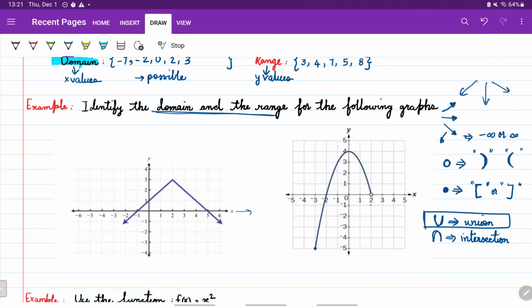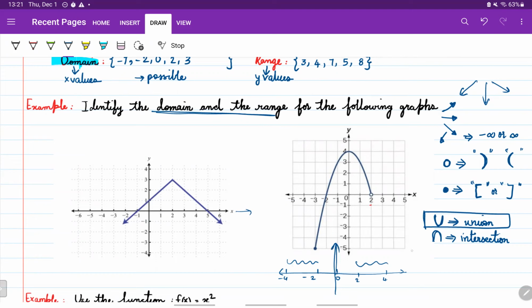That means it's a combination of two sets. For example, if you have a number line like this, and you have a function that goes -4, -2, 2 and 4, maybe a function is only from here to here and here to here, and you want to write down what the domain is.